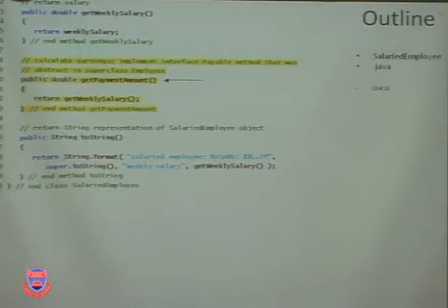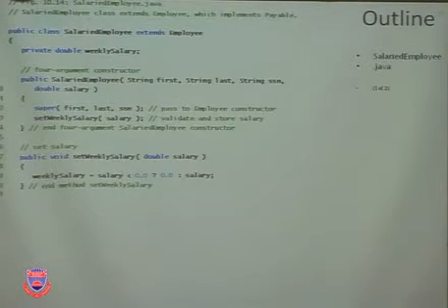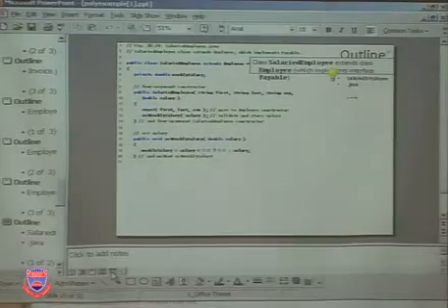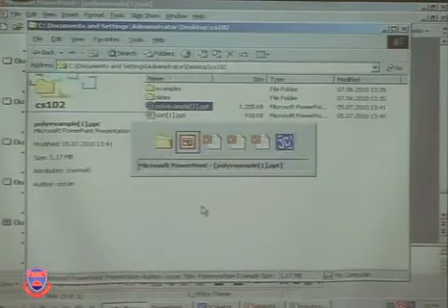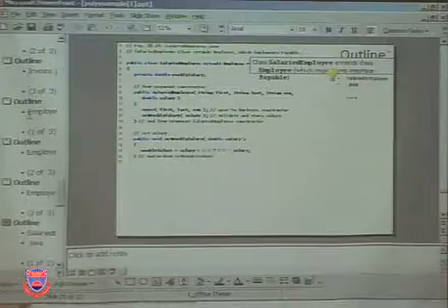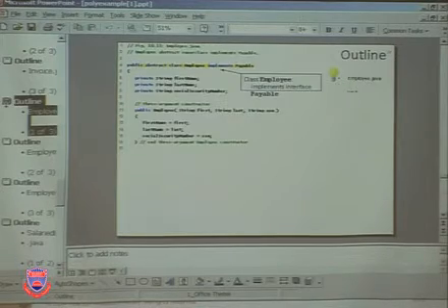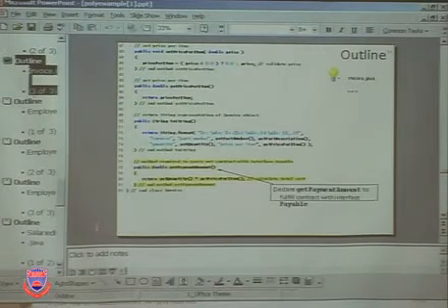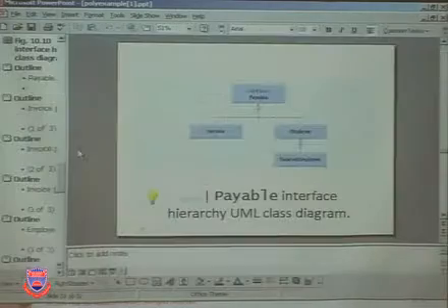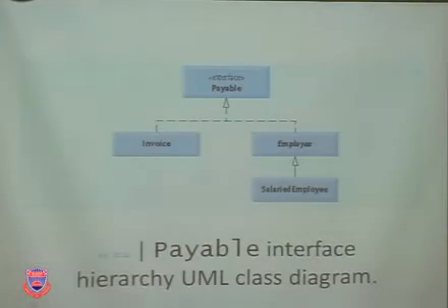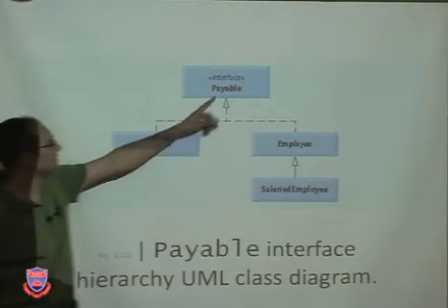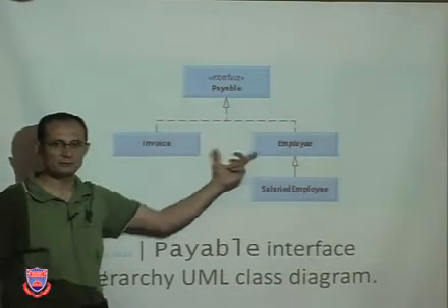So if you look at the hierarchy, it will be more clear. Let me show you the hierarchy again. So this was the hierarchy. This is the interface. Both of them implement the interface.